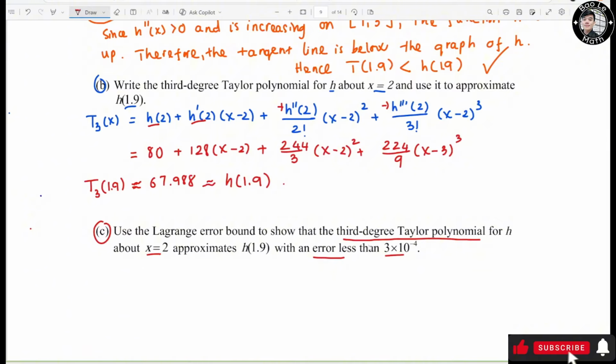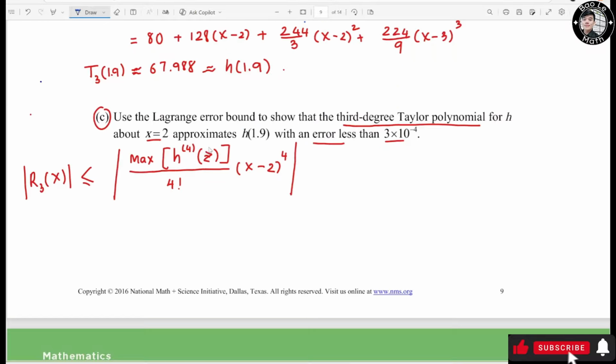Now remember, the remainder for a third degree Taylor polynomial is for some z between 1.9 and 2 right here. This is c, this one is s, and z is between c and s. So the maximum is when z equals 2, because 2 is greater than 1.9.